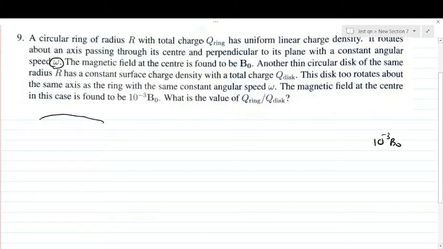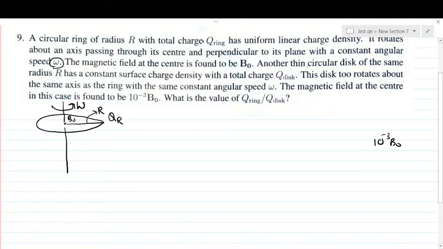Okay, let's draw a ring that is rotating with speed omega and that of radius r and bearing a charge of Q ring, and then the magnetic field at the center is found to be B naught. Okay, magnetic field B naught.